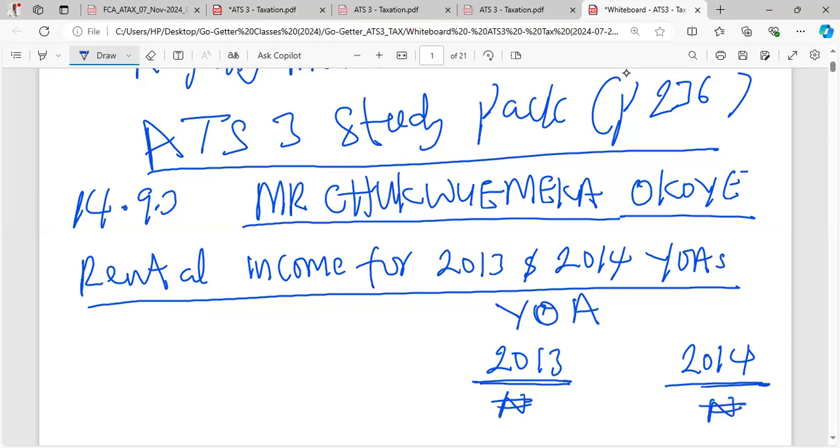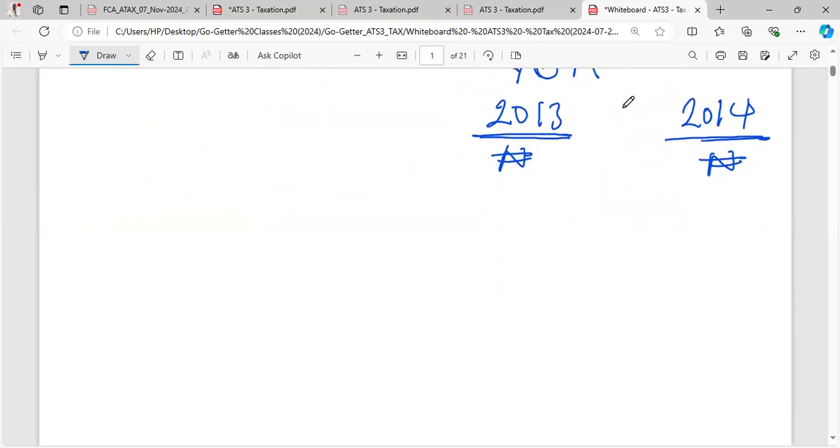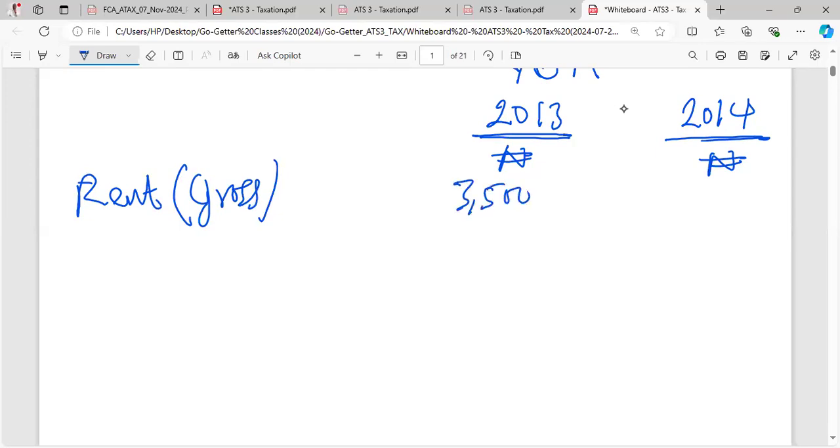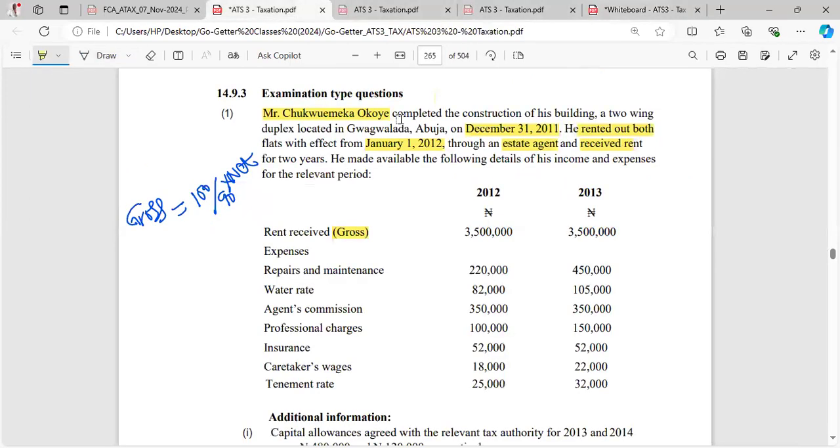I'll take this up now, and I will say rent gross. It must always be gross. 3,500,000. If it is net, I told you how to convert it to gross.